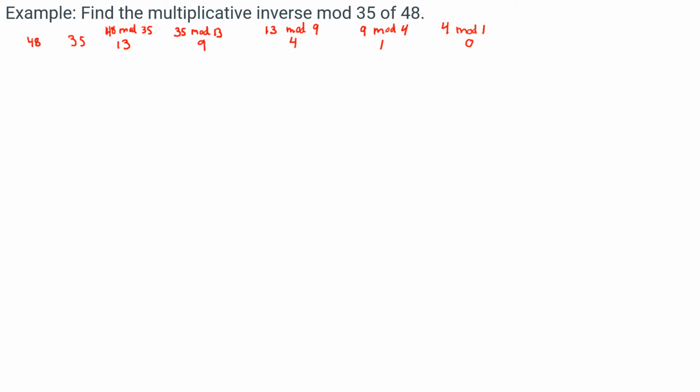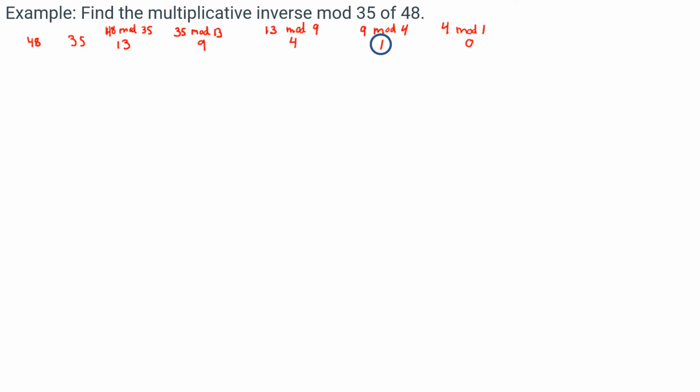So we've gotten all the way down to 0. Remember, what we do to find the GCD is step back 1, and here then would be the GCD. It is a 1. So we've verified that those two numbers, 35 and 48, are relatively prime, that the GCD does equal 1. So based on what we learned on that last slide, we can now say that there is a multiplicative inverse mod 35 of 48.